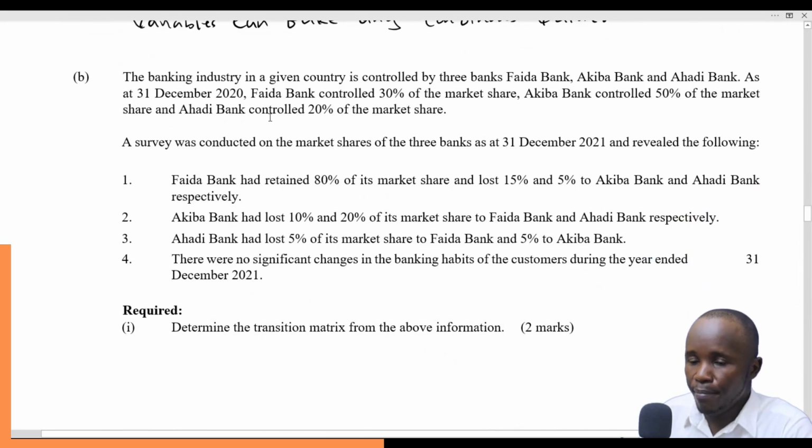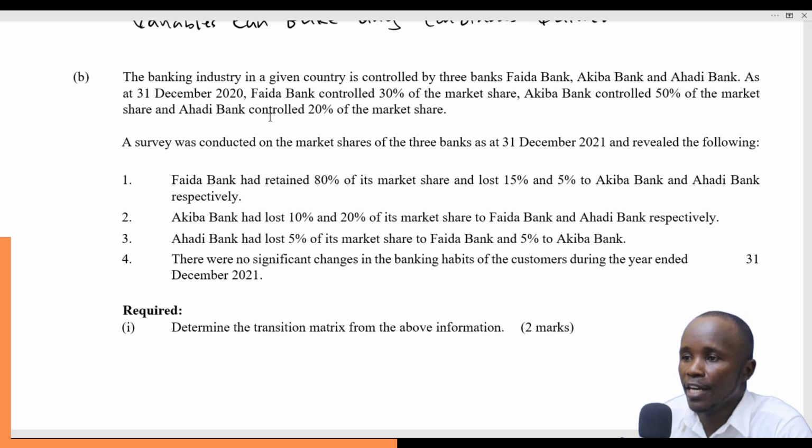We move to part B. You are asked, the banking industry in a given country is controlled by 3 banks: Faida Bank, Akiba Bank, and Ahadi Bank. As at 1st December 2020, Faida Bank controlled 30% of the market share, Akiba Bank controlled 50%, and Ahadi Bank controlled 20%. A survey conducted as at 1st December 2021 revealed the following.